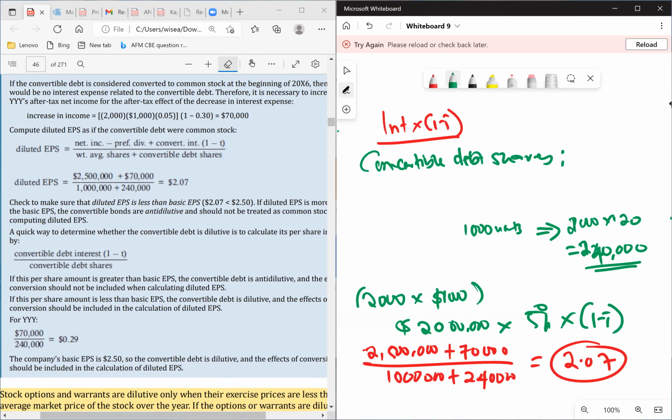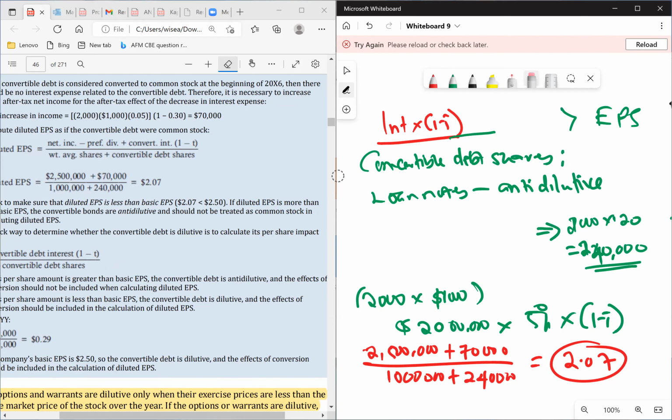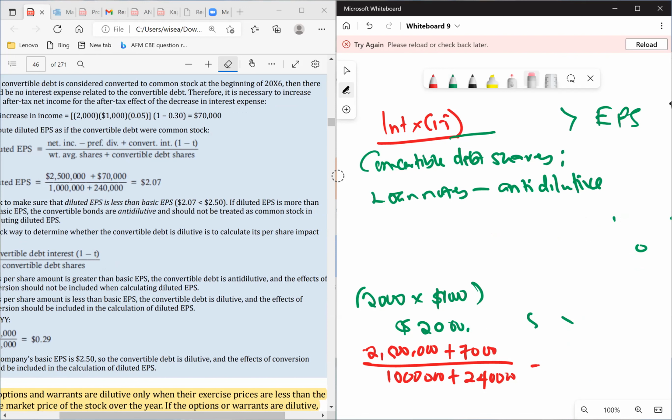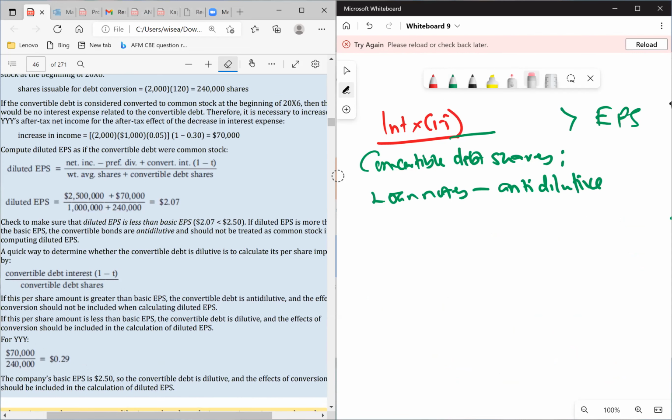If this per share figure is greater than the earnings per share, then the convertible debt is anti-dilutive. So we don't include the loan notes in the diluted earnings per share calculation. Is that clear? So these are some of the pathways you note to be able to determine if an instrument is dilutive or anti-dilutive. The same way with the pref.